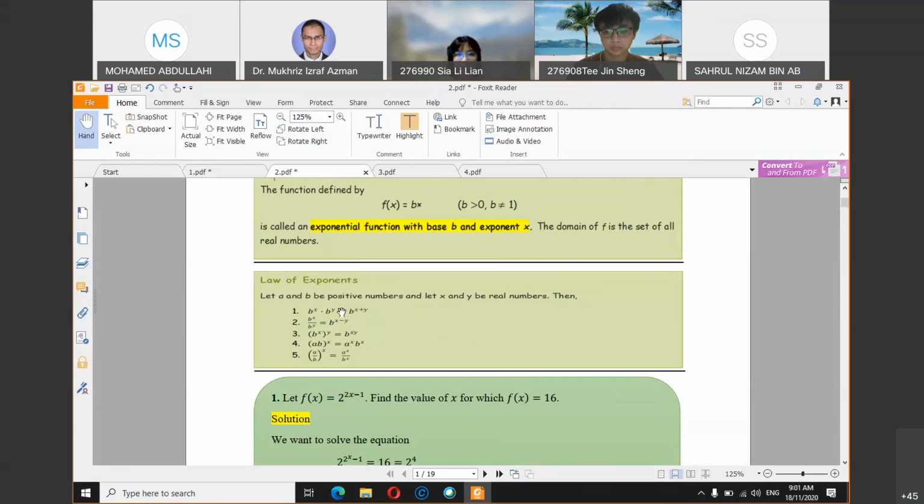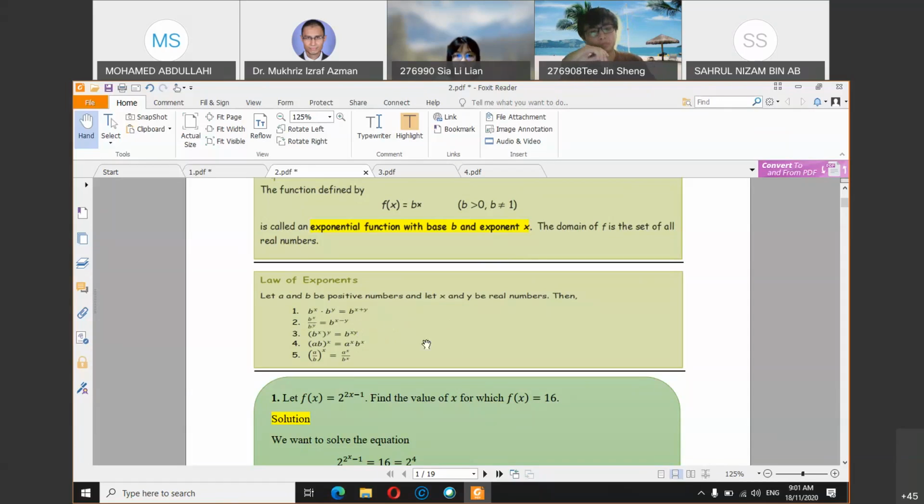Even I myself tend to forget some of the rules. Some are straightforward: if you take the ratio between two exponents, it will be minus. If you multiply, then it will be plus.